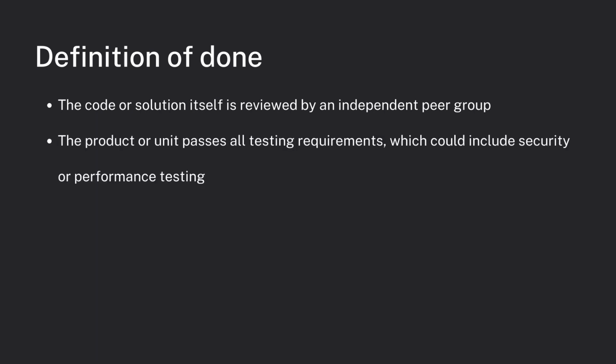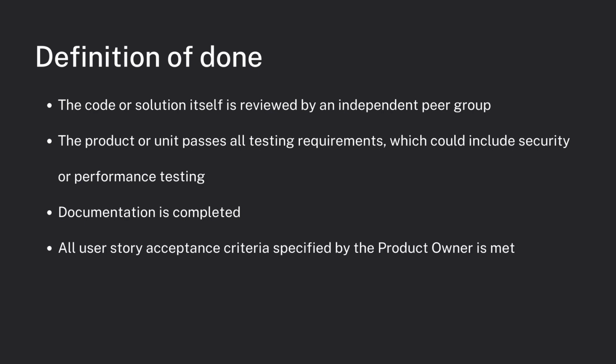The product or unit passes all testing requirements, which could include security or performance testing. Documentation is completed. All user story acceptance criteria specified by the product owner is met. And finally, the product owner accepts the user story. This list isn't comprehensive, and the team should determine what should be on this list and improve it as needed.